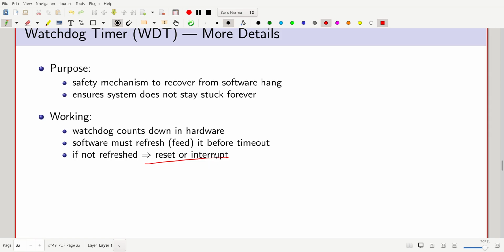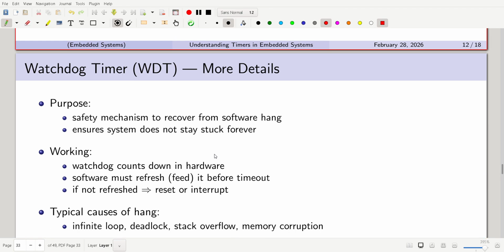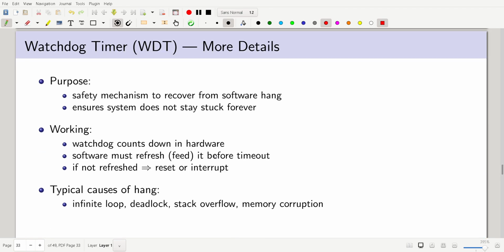So the watchdog timer is a safety mechanism to recover from software hang and ensure the system does not stay stuck forever.